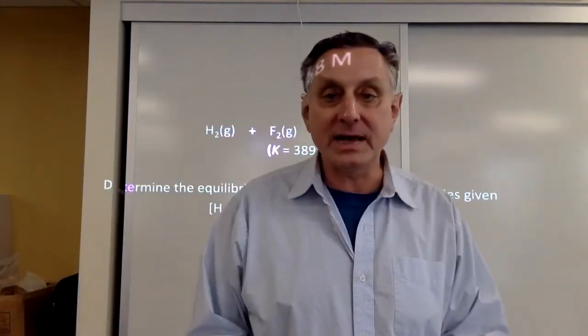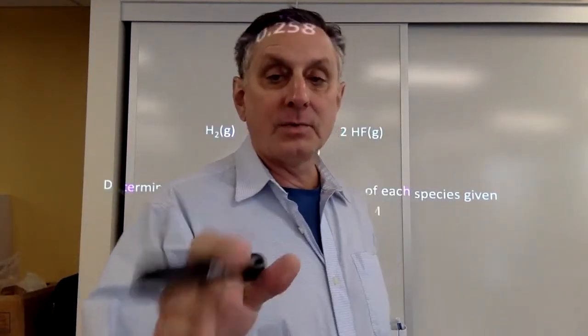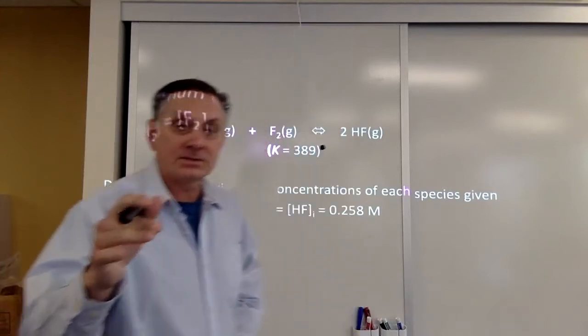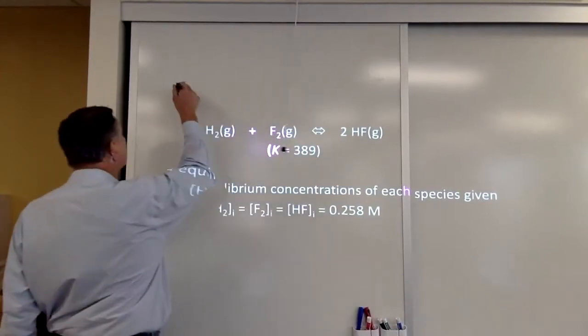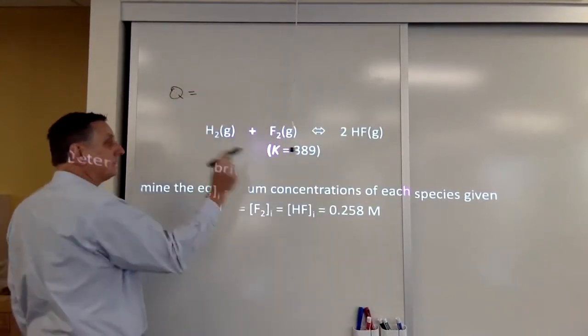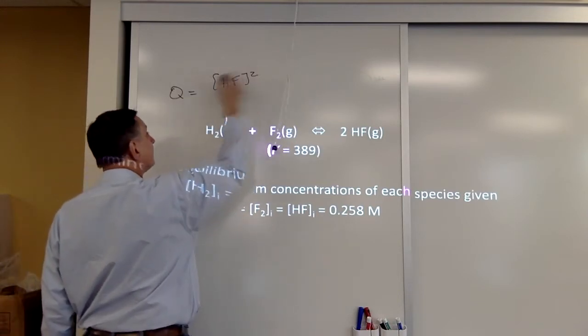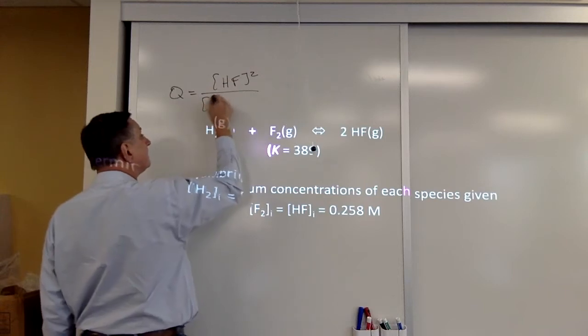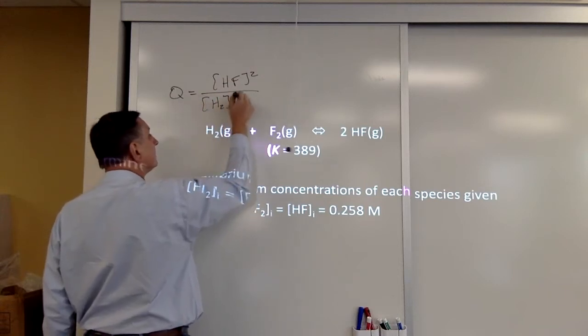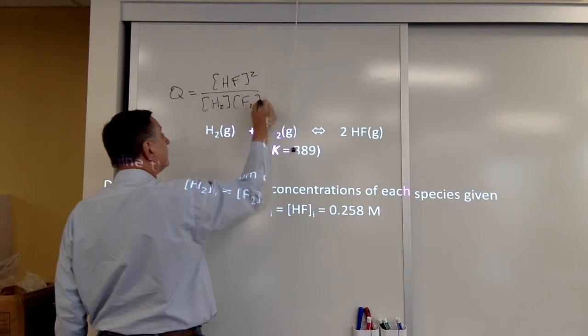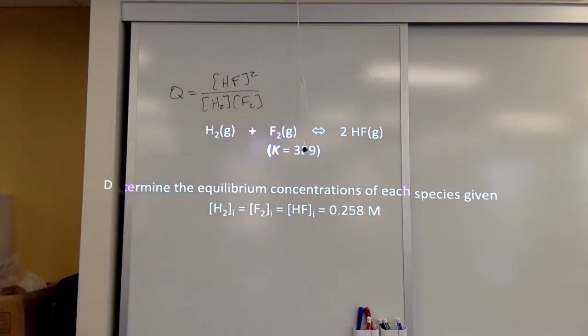For this particular reaction, we know the value of K, so let's solve for Q. Q is equal to the HF concentration squared, all over H2 times F2. So it looks like this.